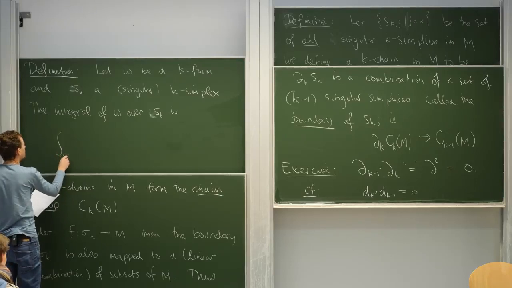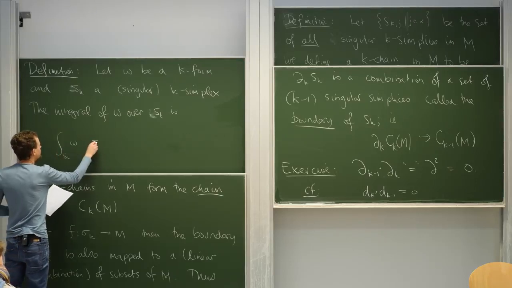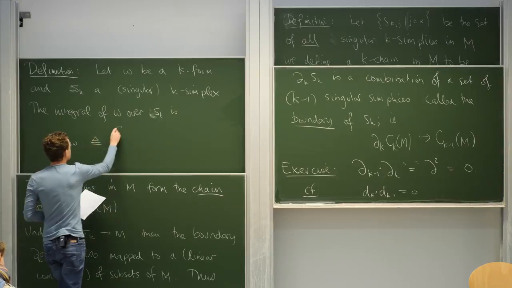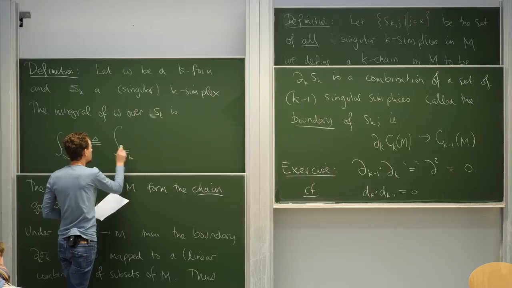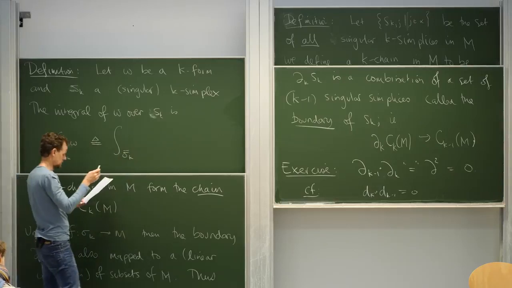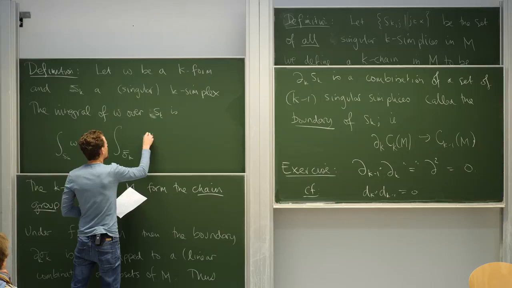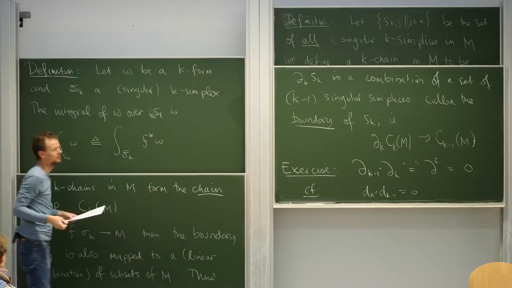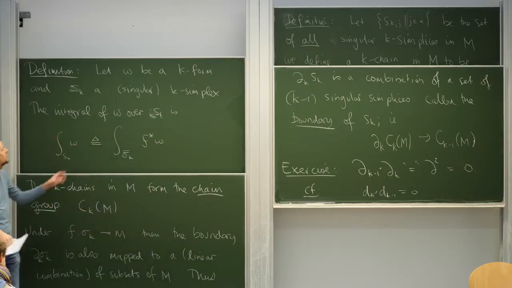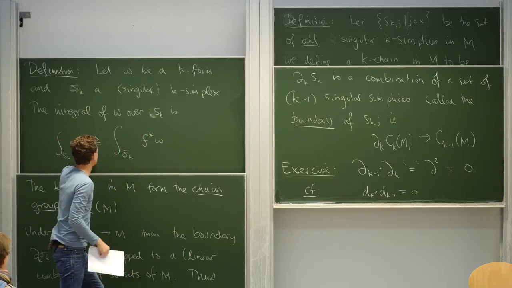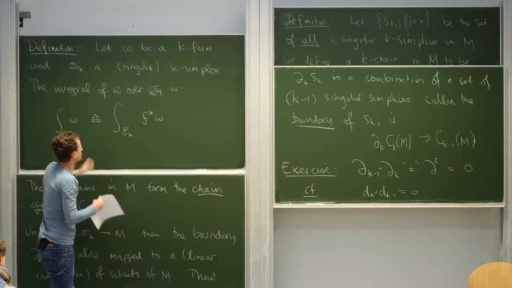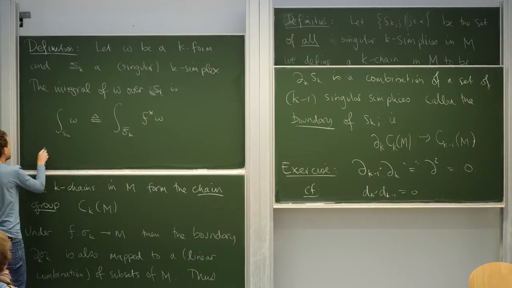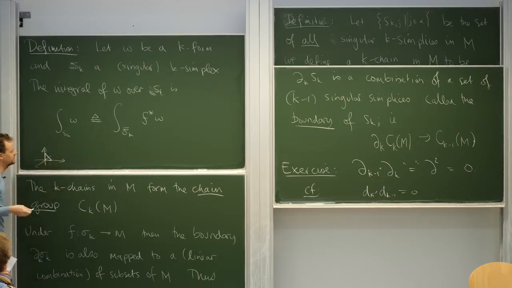So the integral over s_k of omega is defined to be the normal integral in R^k of the pullback of the map which presents our singular k-simplex to us. I'll draw the picture. Here's a standard 2-simplex.